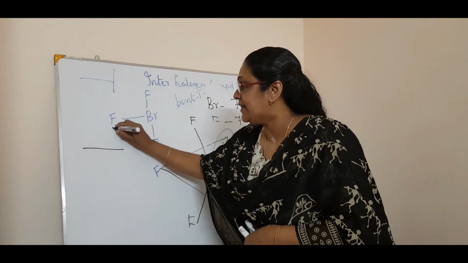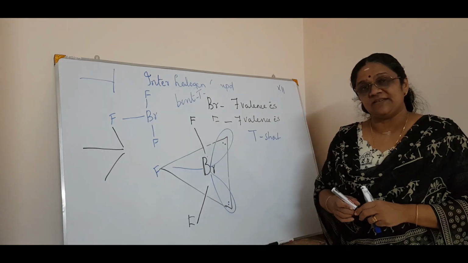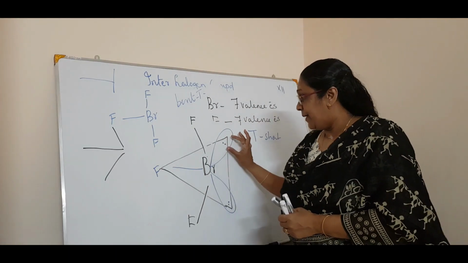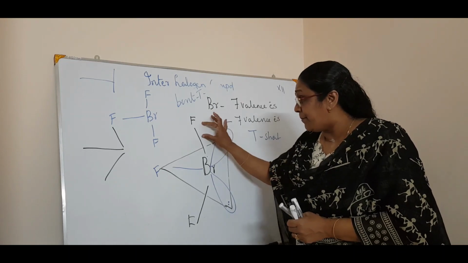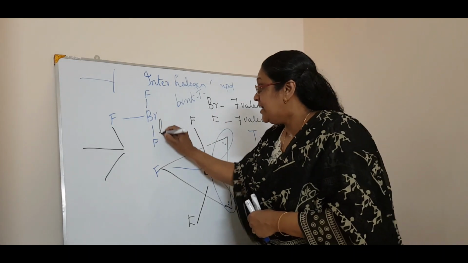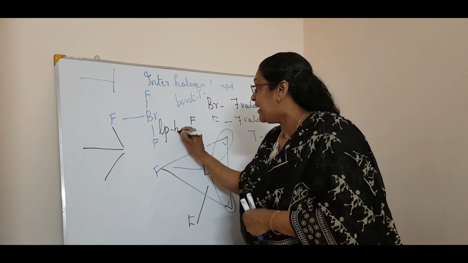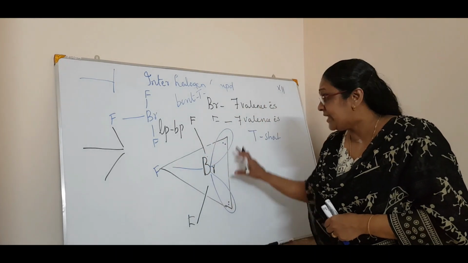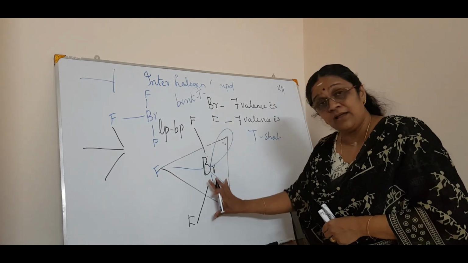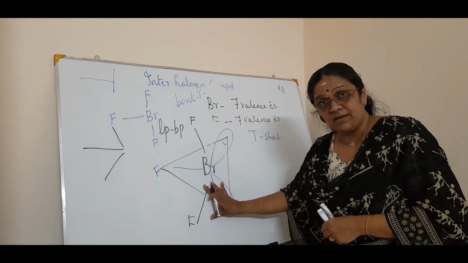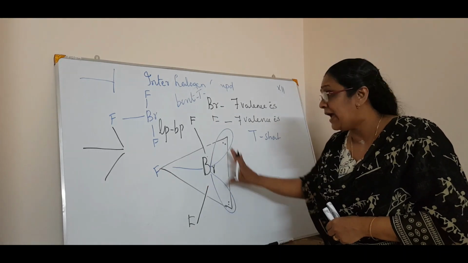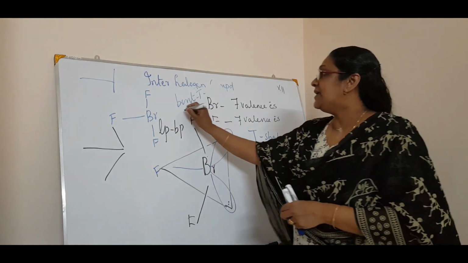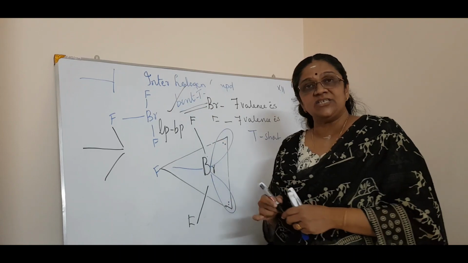Now the T will be like this, a bent T. The reason behind it is the lone pair-bond pair repulsion of these 2 fluorines on the axial position and the lone pairs in the equatorial position. So due to this, it has a bent T-shaped structure.